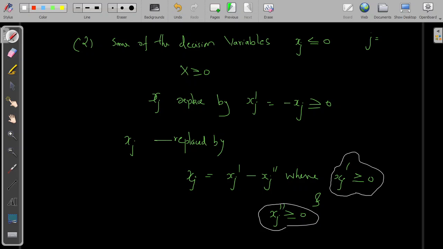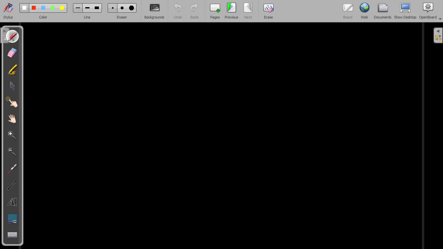Then the next case is associated with our constraints. That means if the m number of constraints are not in the standard form of LPP, then what will we do? That is our next question.